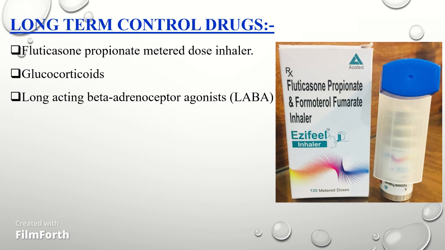Drugs like fluticasone propionate metered dose inhaler are used for long-term conditions. Along with that, glucocorticoids are also used as long-term drugs. Long-acting beta adrenoreceptor agonists have an effect that lasts 12 hours.